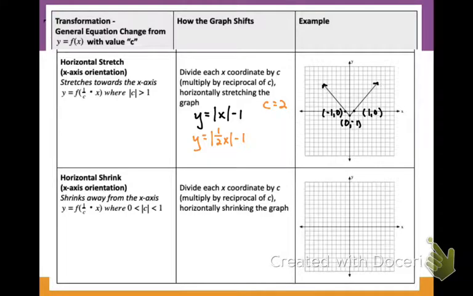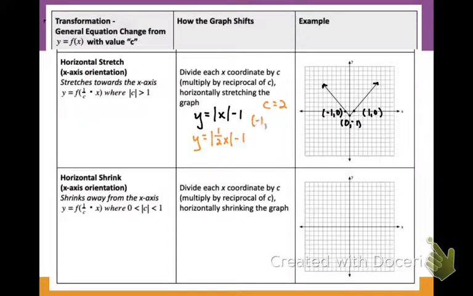Then I'm going to take that new x value and plug it into the equation to see what my y value is. Or rather, what I'm going to do is take each of the x values and plug it into my new transformed equation.